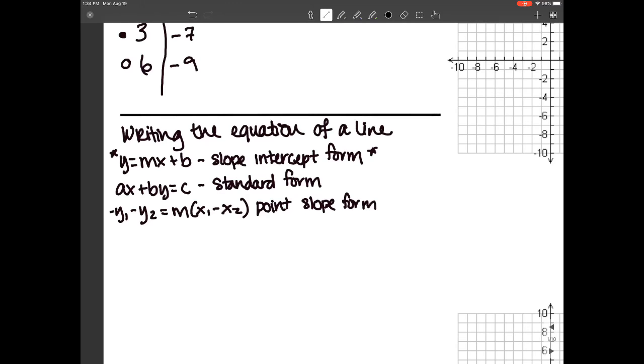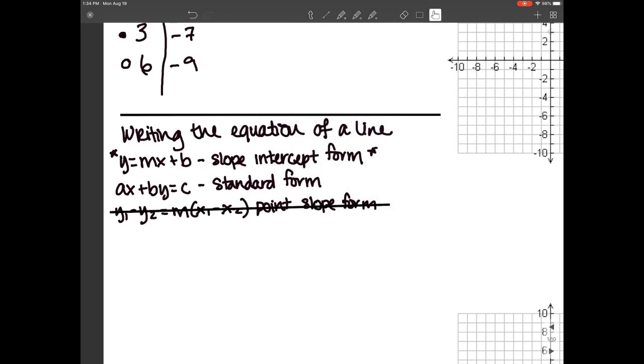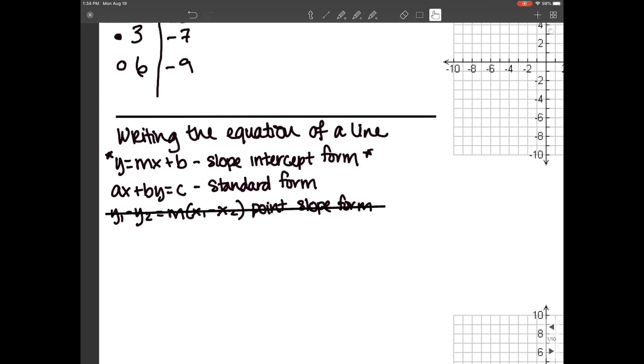All right, and we're going to focus on slope-intercept form because I think it's the easiest one to deal with. Then you can use your graphing calculator to check your answers. So it's all good using y = mx + b.